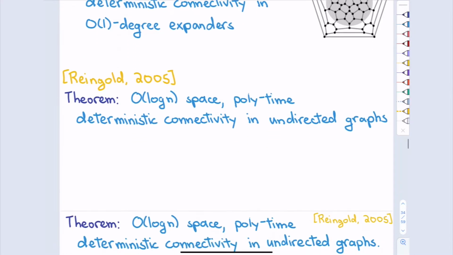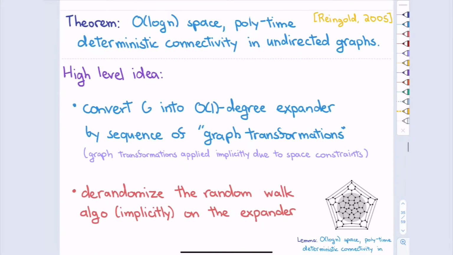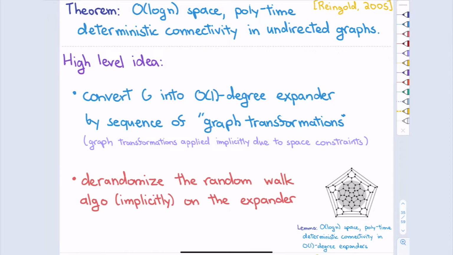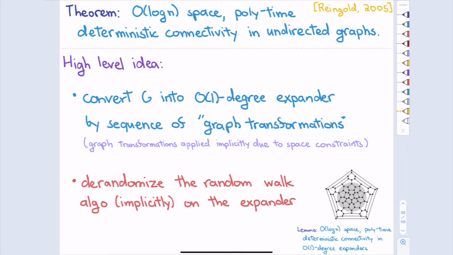Okay. All right. So what's going to be the high level idea? It's kind of an amazing approach. All right. So you're given some input graph G, which of course is not a constant degree expander. It would be great if it was, but in general, it's not. It may have very bad mixing time. Okay.